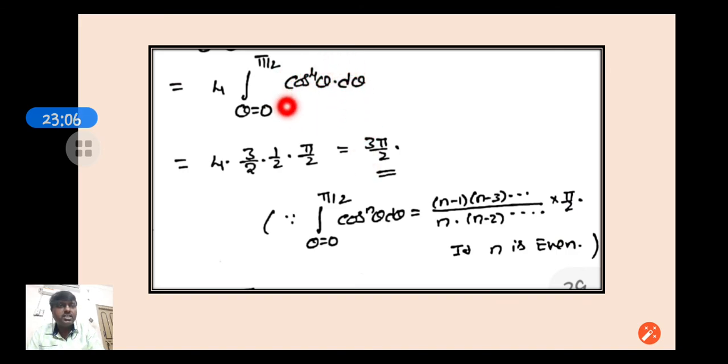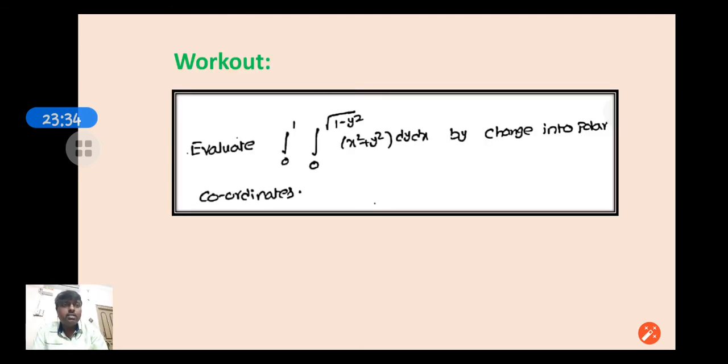For finding the integration of cos power 4 theta, I apply the formula: integral theta equal to 0 to pi by 2 of cos power n theta d theta is equal to (n minus 1)(n minus 3) and so on, by n(n minus 2) and so on, into pi by 2 if n is an even number. The same thing I am applying here. This is the value of the double integration, 3 pi by 2.